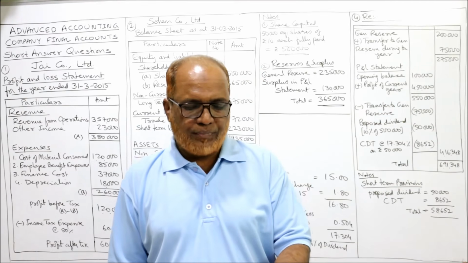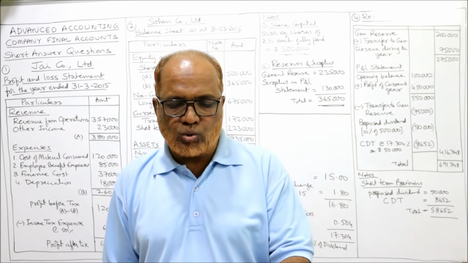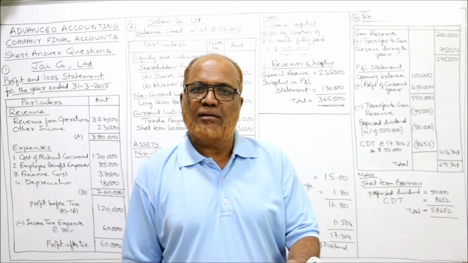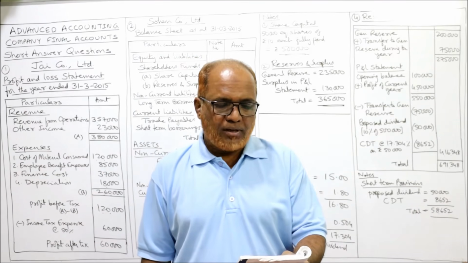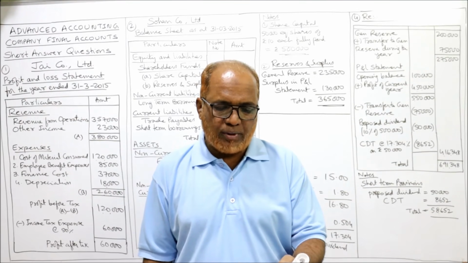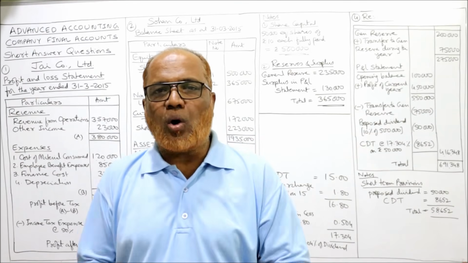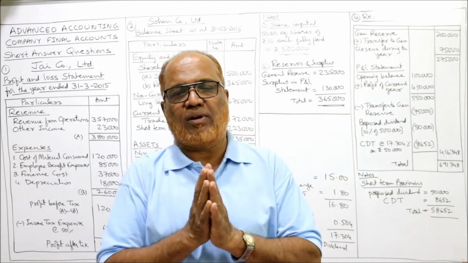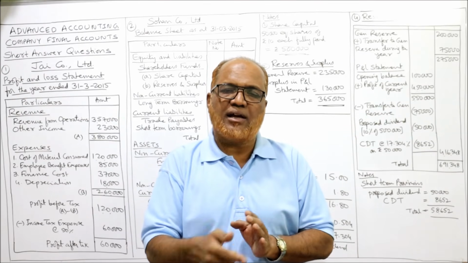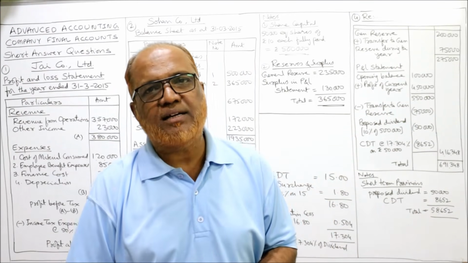Inventories means stock, the closing stock of inventory on 31st March 2015. Trade payables are nothing but creditors. Then short-term borrowings, non-current investments, current investments, trade receivables, cash and cash equivalents. So all the items of the balance sheet are given. We have to make the format of the balance sheet and take all these items, and the balance sheet will get tallied.